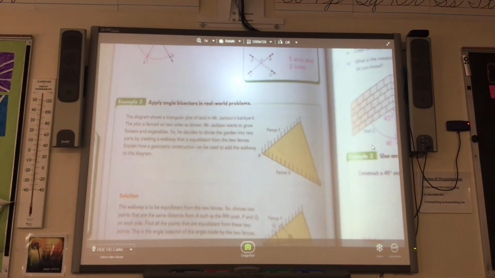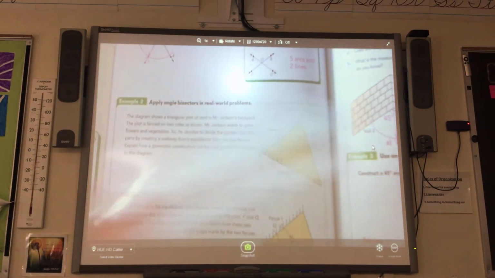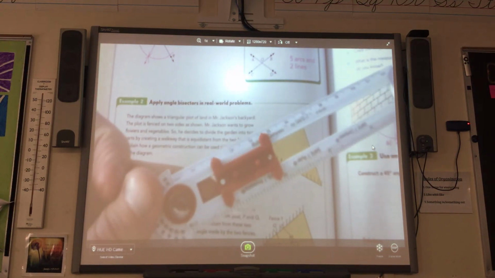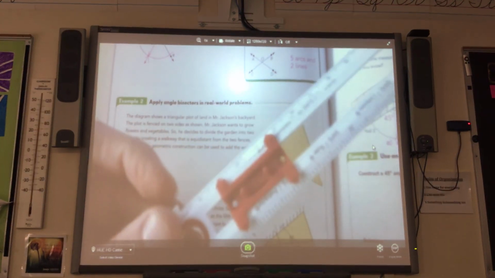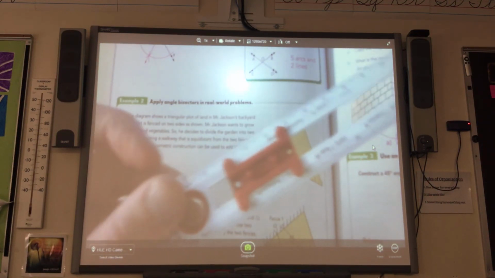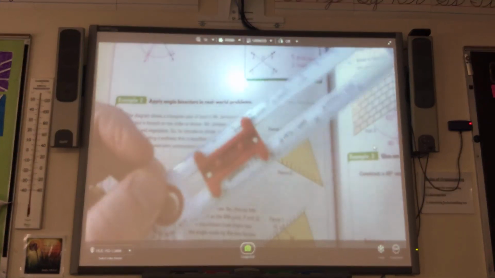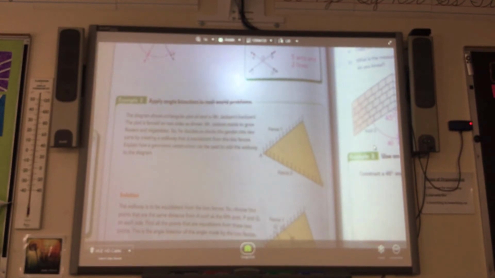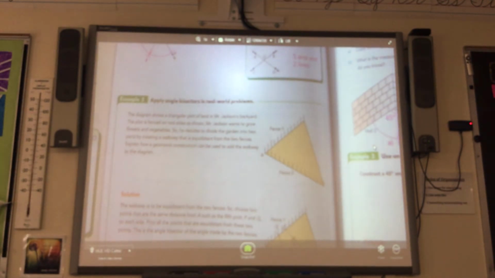So that's basically what this is explaining, is a real world problem. If you were bisecting an angle in person, you wouldn't use a compass that was this big, because let's face it, the compass is not going to work for something that big. So there are people, shoot, I'm forgetting what they're called, but they, no, not architect.